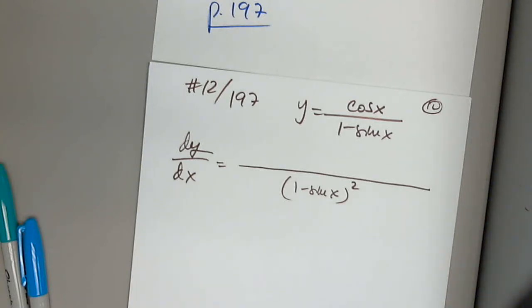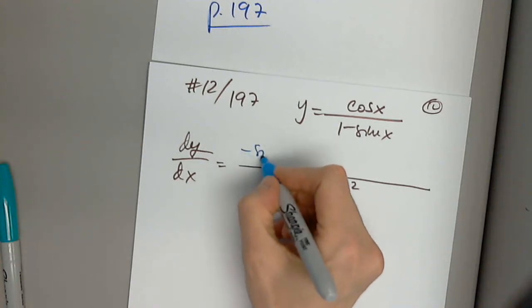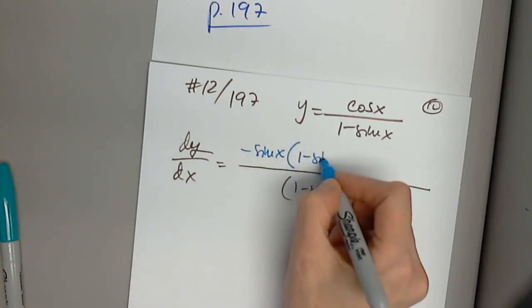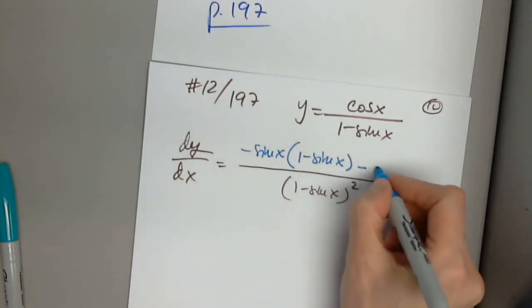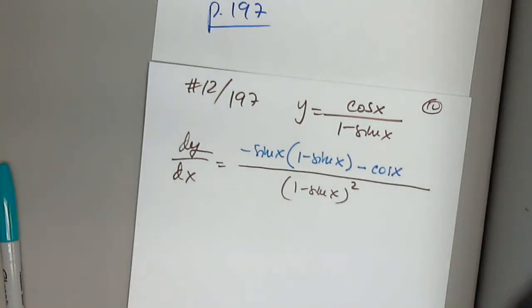The top function prime. Excellent. Times the denominator. Minus the top function times the denominator prime. What is the derivative of 1? 0. What is the derivative of sine? With minus in front. So I have minus cosine times negative cosine.